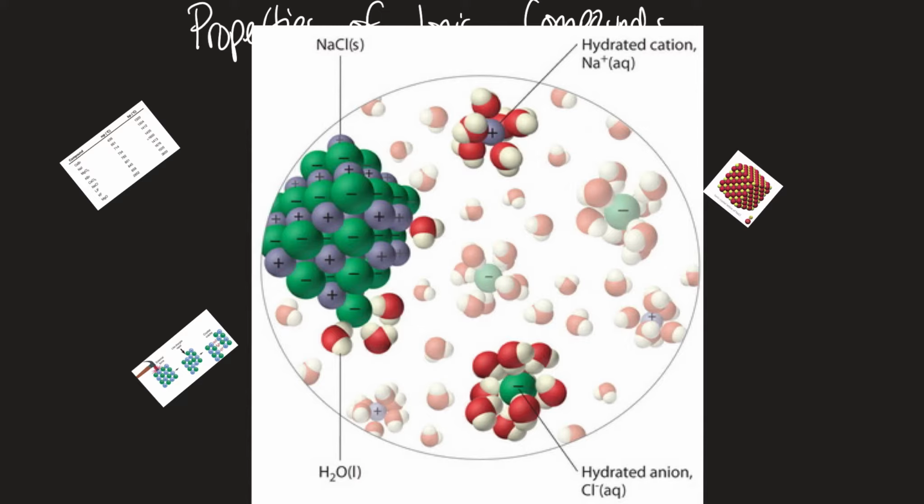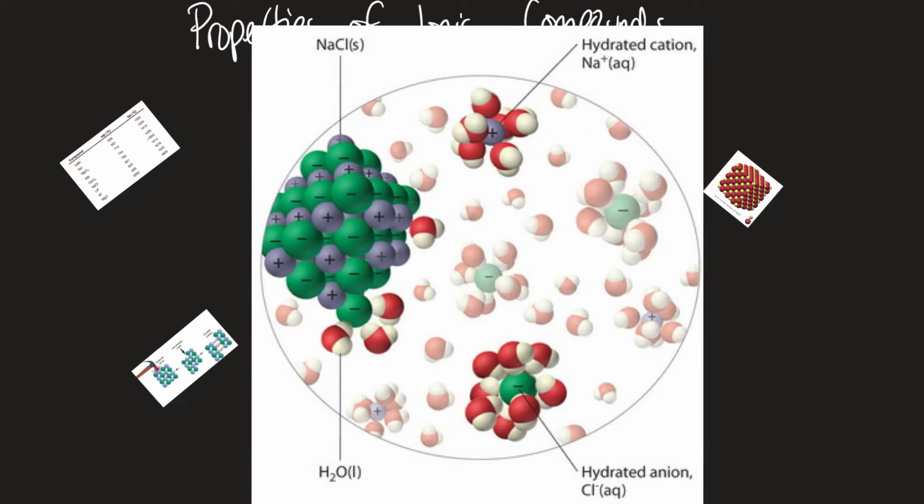I just want to note that the only way an ionic compound will dissolve is if the attraction between the ions and the water is stronger than between the ions themselves. If the attraction between the ions themselves is much stronger than the attraction between the ions and the water, then that salt is not going to dissolve.